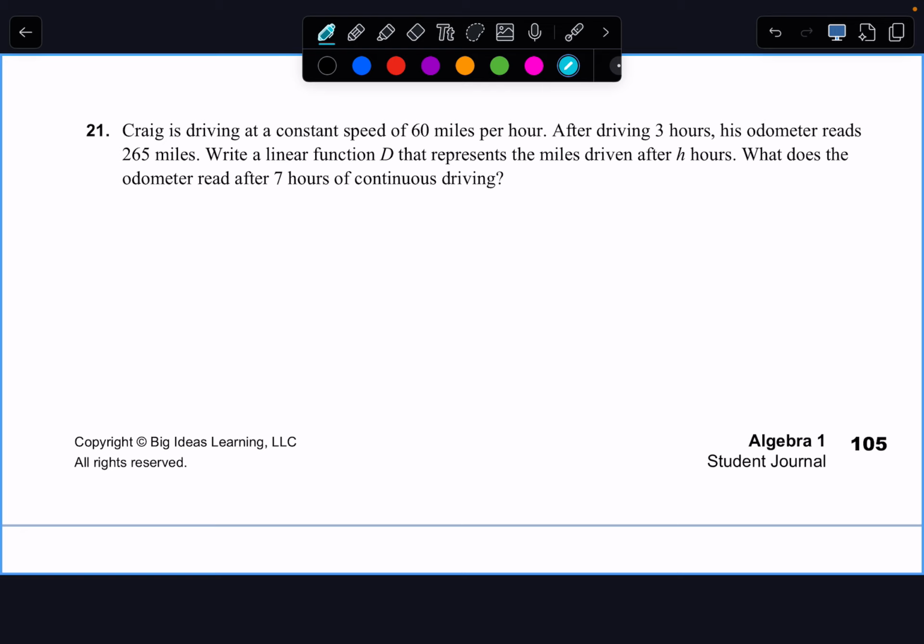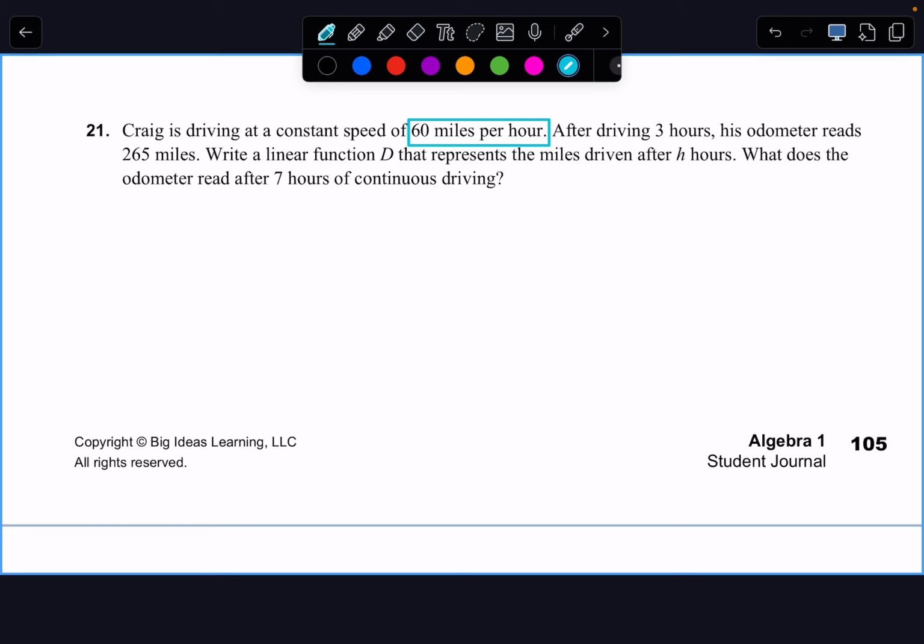Craig is driving at a constant speed of 60 miles per hour. Well, it says d, but I prefer 60n because it says 60 miles. Okay. Well, it's saying 60 miles per hour. They just gave us a rate of change, didn't they?